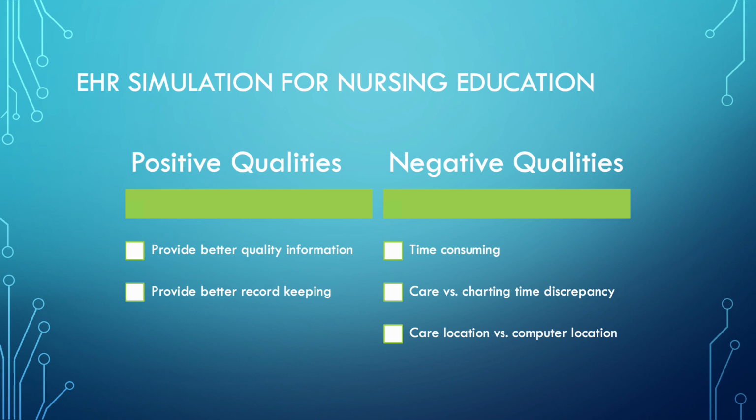The positive qualities included better quality information and better record keeping. So whenever you have everything pertaining to the patient at your disposal, it does allow you to put the information together easier, hopefully, and may give you a better overall assessment of what is actually going on with this patient.